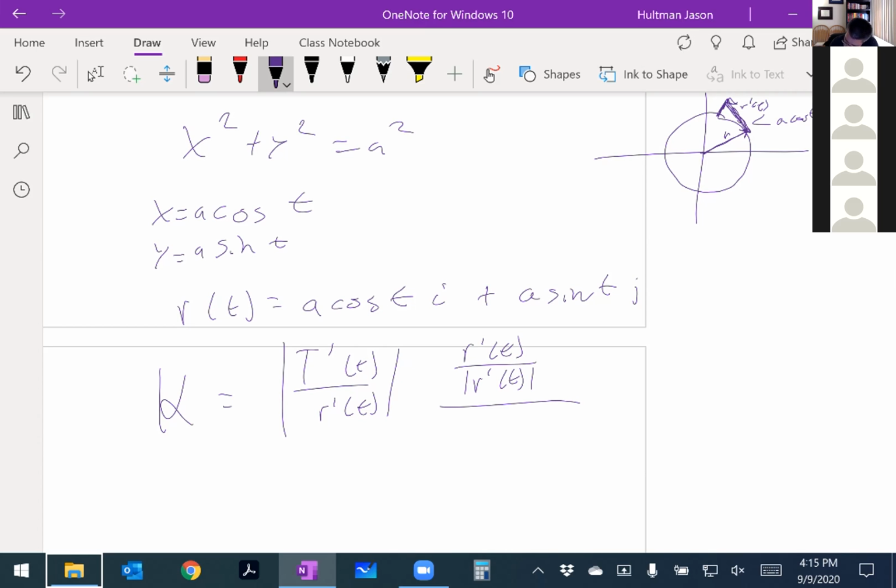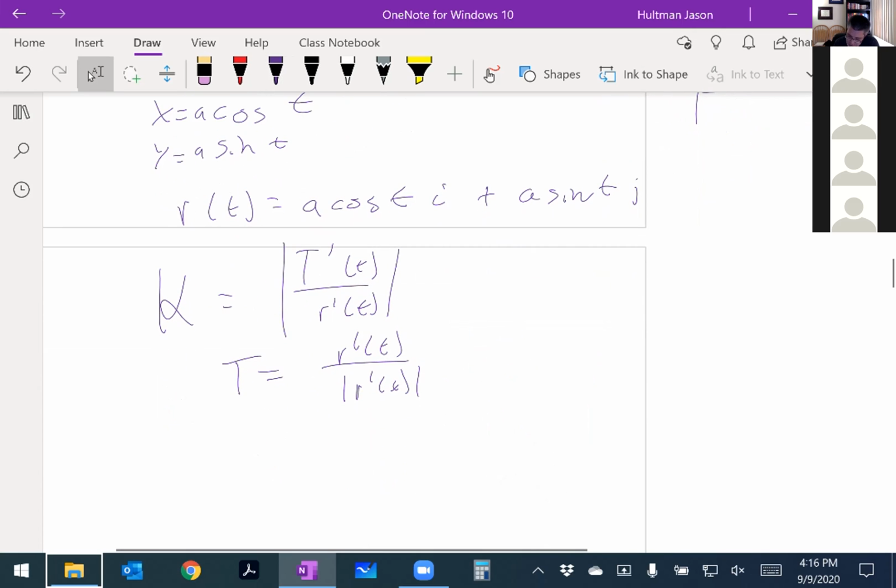Actually, that's not right, my apologies. T is equal to r prime of t over the magnitude of r prime of t. That's what that is. And then we have to take the derivative of that to get T prime of t.